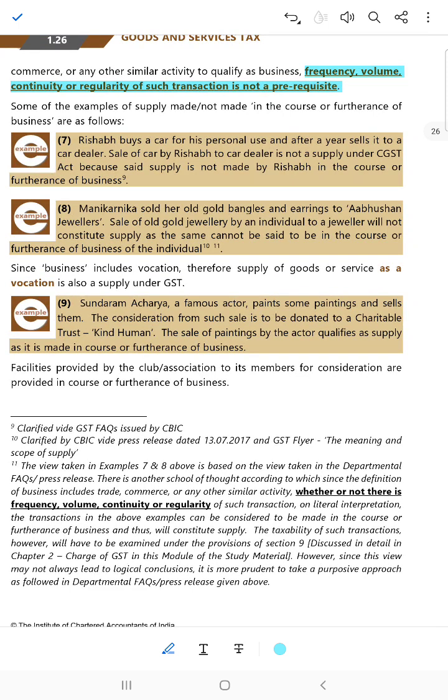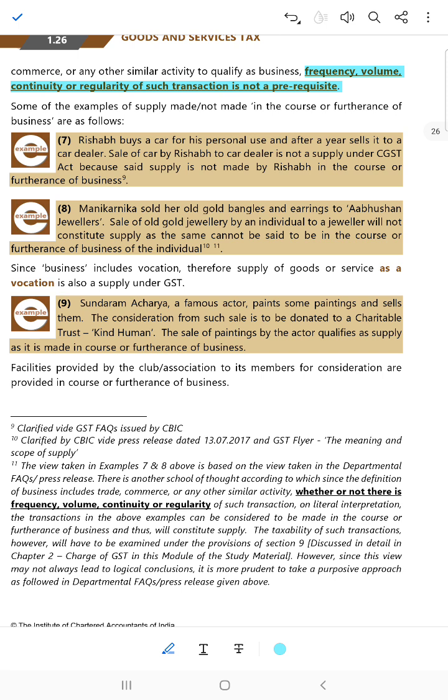Now some examples have been given. You have to understand whether it is in the course or furtherance of business or not, and these are actually clarifications given by CBIC. Now, Rishabh, a person, buys a car for his personal use and after a year sells it to a car dealer. So, I bought a car, I sold it after a few years of use. Now, when I'm selling it to the car dealer after using it, is it a supply?